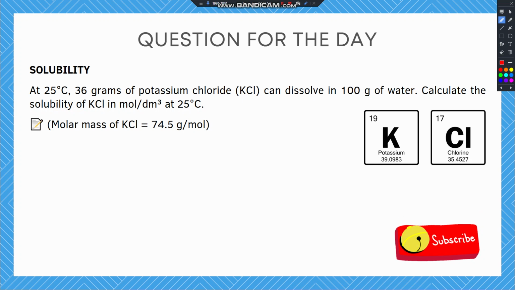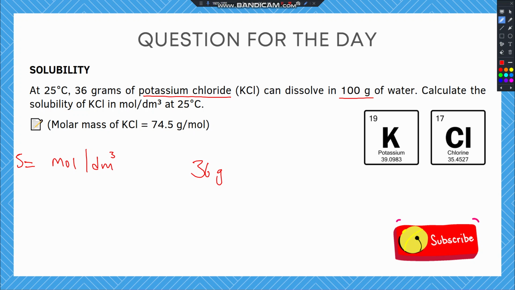In this case, they want us to determine solubility S in moles per dm³. So first things first, let's convert our values into number of moles. The amount of solute, which is potassium chloride, that we were given is 36 grams. And then we're given the amount of water as 100 grams.